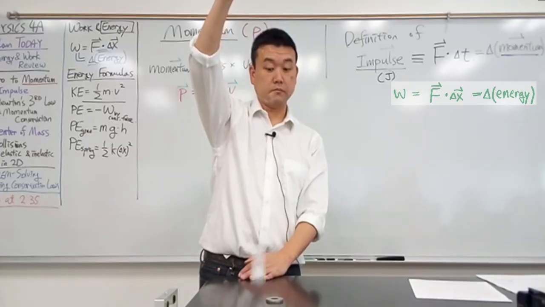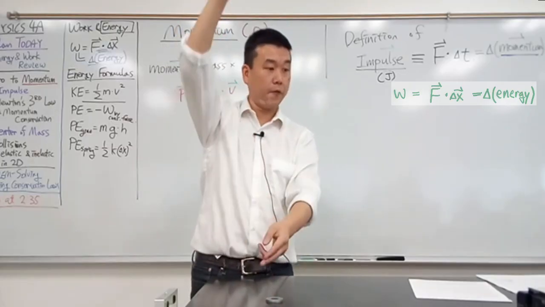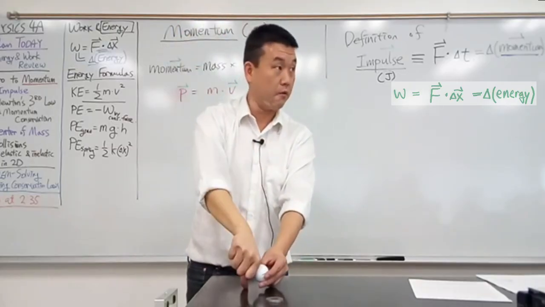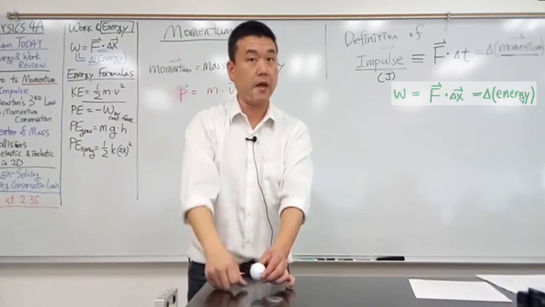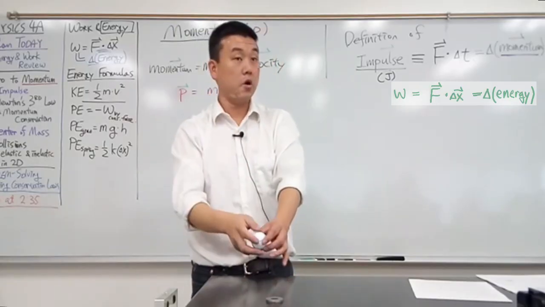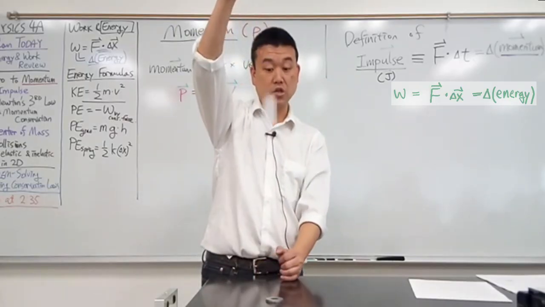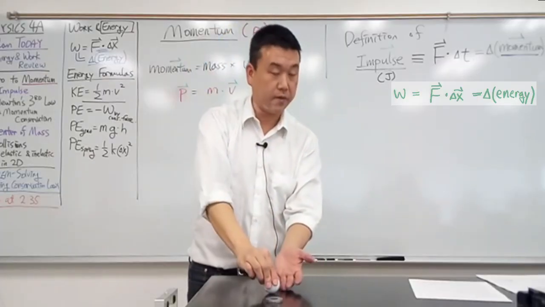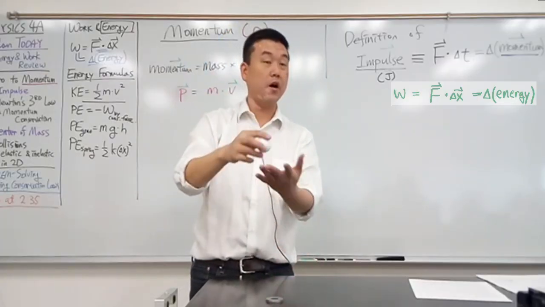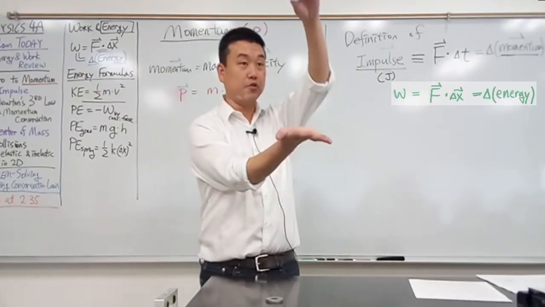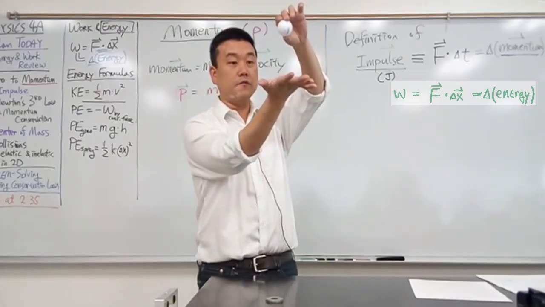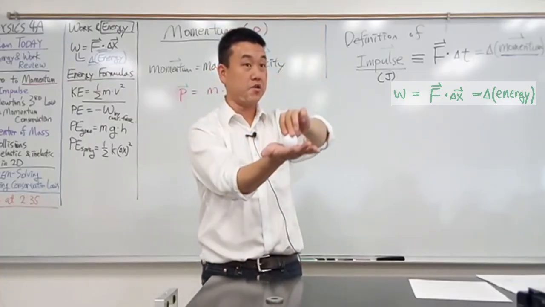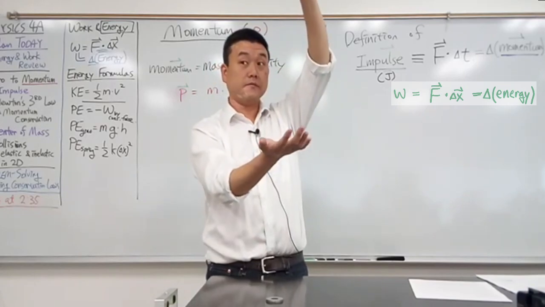Moment before hitting the table, it was moving downward. Moment after hitting the table, it's moving upward. So the momentum of this golf ball is changing as it's undergoing collision with the table. If you could do a high-speed camera, you would see the ball strike the table, and there's some deformation, and you would see it bounce back.